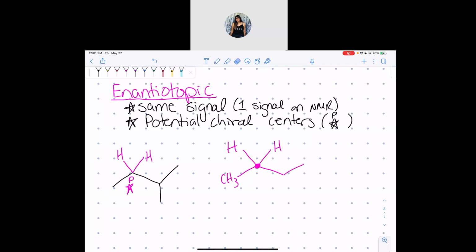We can have a CH3 and an OH. We can have an OH and a chlorine. We can have anything as long as they are different than one another. So in this case, we had one CH3 and then we had this big chain. So that's why they're unique. Does that kind of clear it up?